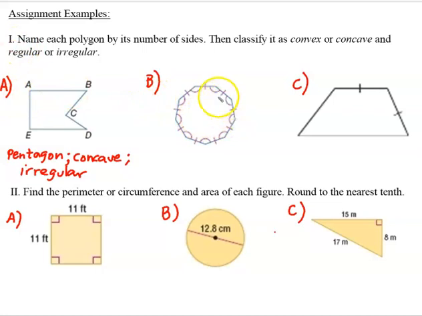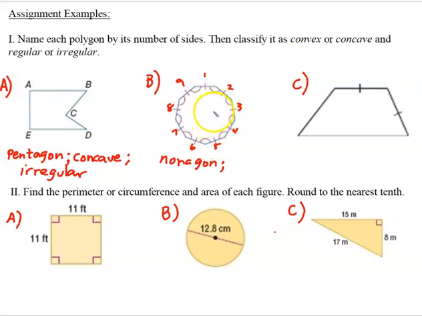Letter B, let's see how many sides are here. 1, 2, 3, 4, 5, 6, 7, 8, 9. Looks like 9 sides. So this is a nonagon. It is convex.